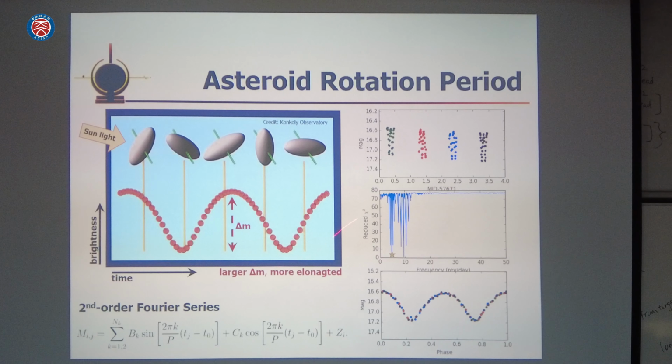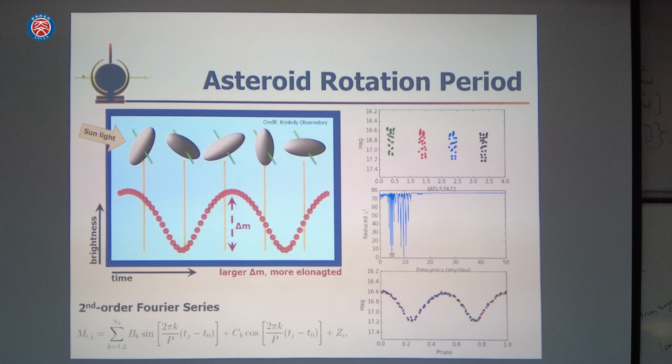So when we collect a light curve, we try to see this repeating periodic pattern to identify the rotation period. Moreover, the amplitude in the light curve tells you how elongated the asteroid is. After we obtain a light curve, for example, here is a light curve of 4 days for a certain asteroid, we fit the light curve to a second order Fourier series.